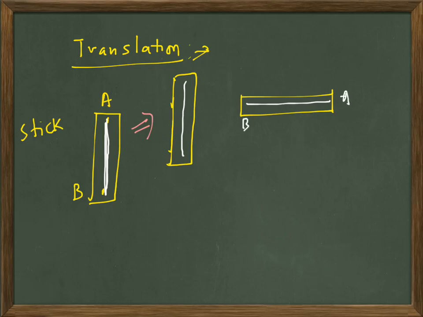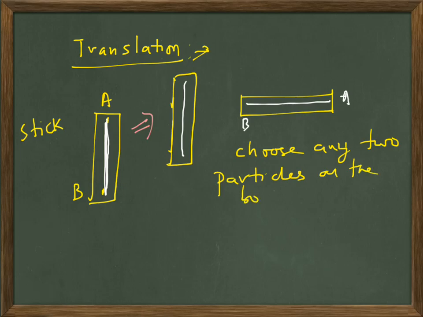So I can define translation in this way. Choose any two particles on the body. The word any means I can choose any arbitrary 2 particles.